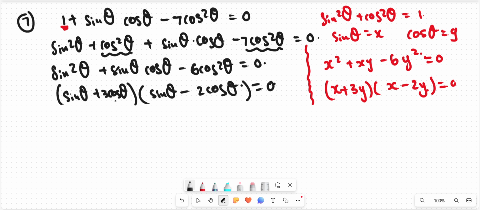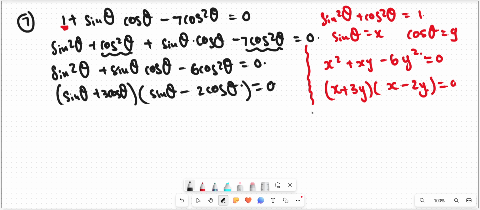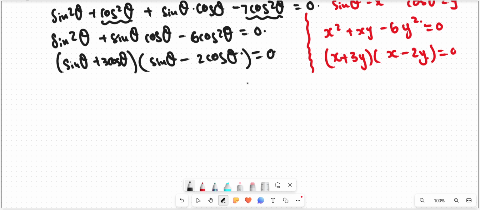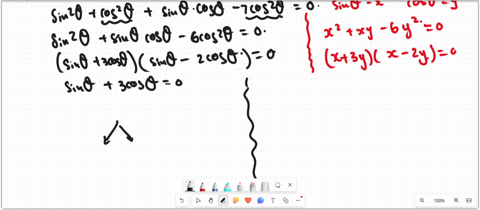In this case, you take one and make it equal to 0, and you take the other one and make it equal to 0. So it gives you a quadratic: sine theta plus 3 cos theta equal to 0. That's one of my solutions. That's going to branch out into 2, obviously, at some point.